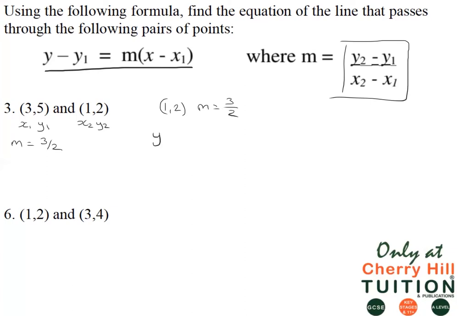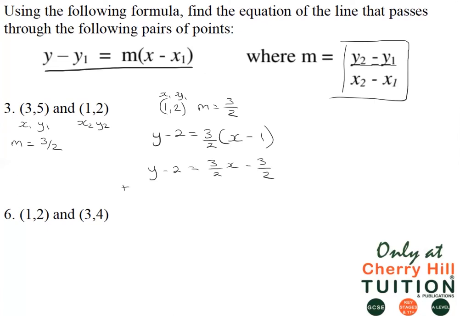So y minus y1, which is 2, is equal to m, which is 3 over 2, brackets x minus x1, which is 1. And now we just expand and simplify. So y minus 2 is equal to 3 over 2x minus 3 over 2.